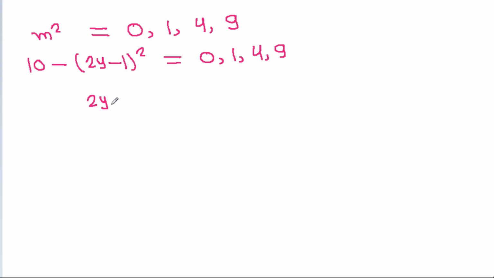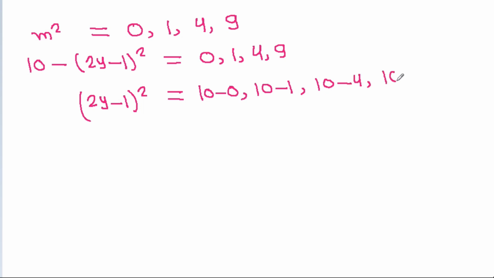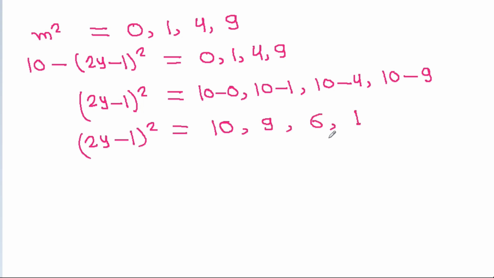So 2y minus 1 square can be equal to 10 minus 0, 10 minus 1, 10 minus 4 and 10 minus 9, and 2y minus 1 square can be equal to 10, 9, 6 and 1.